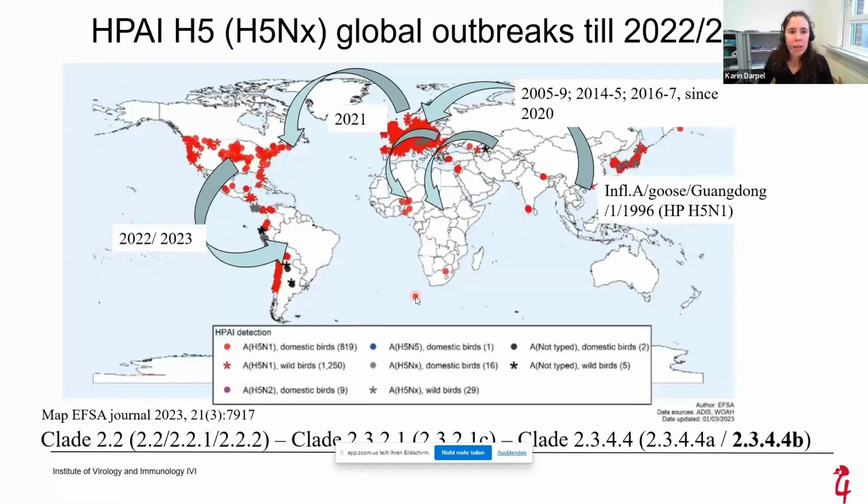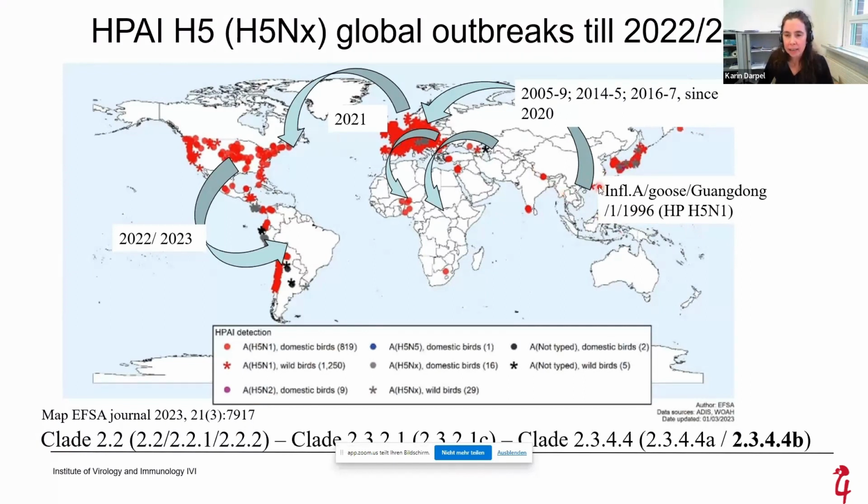So what is happening in the current HPAI H5 global outbreak? Well, the ancestor is the H5N1 1996 strain from China.